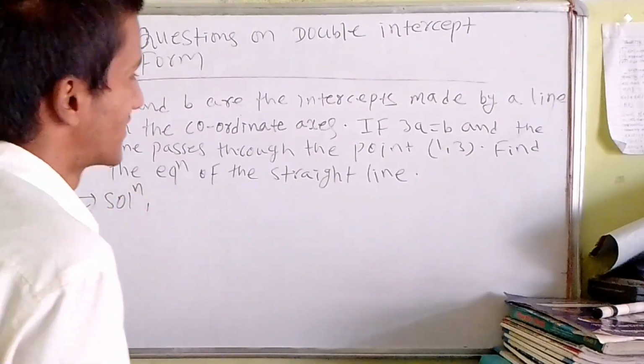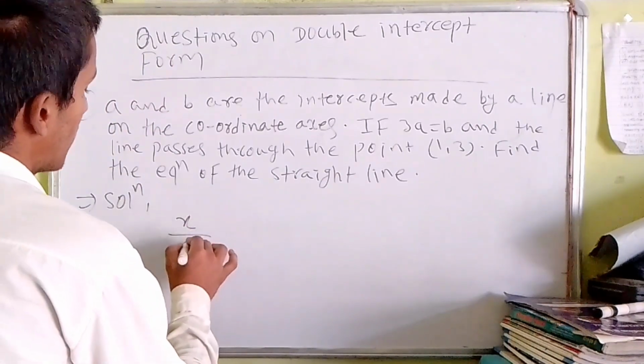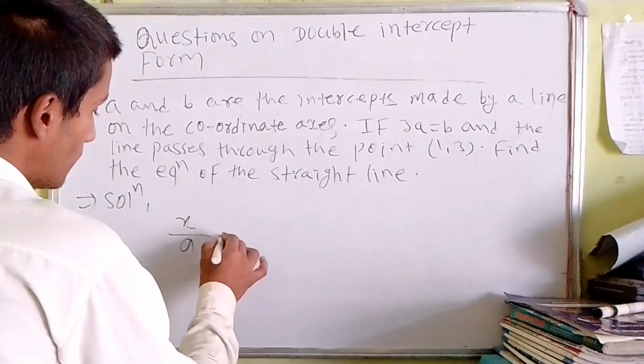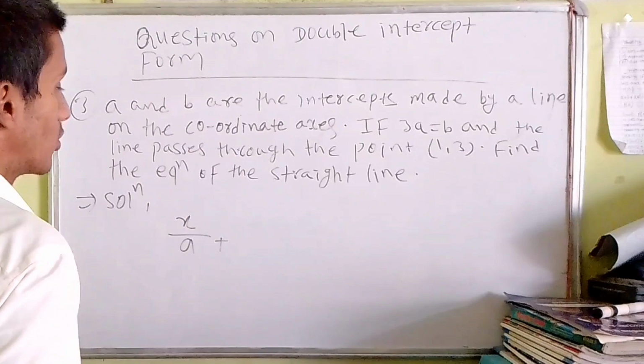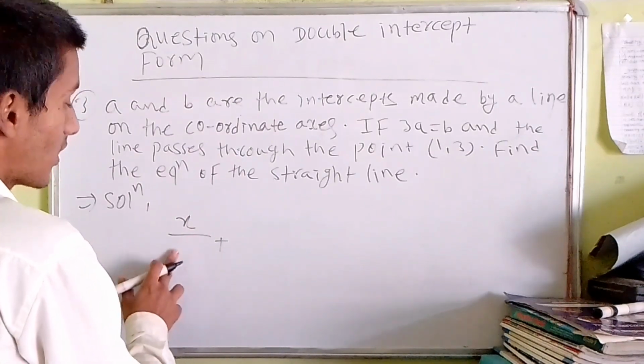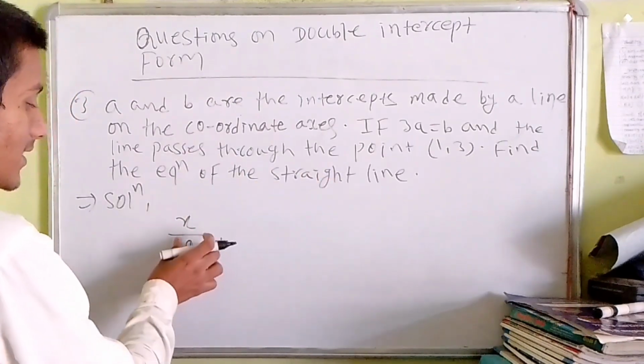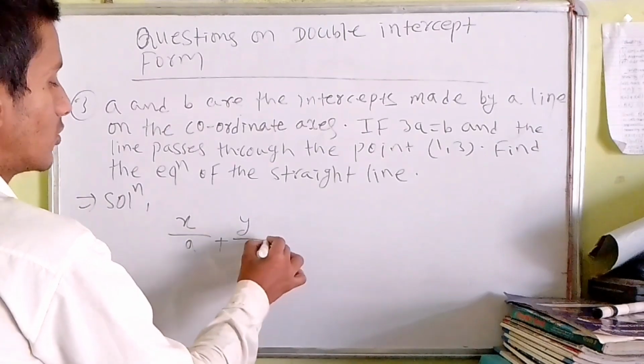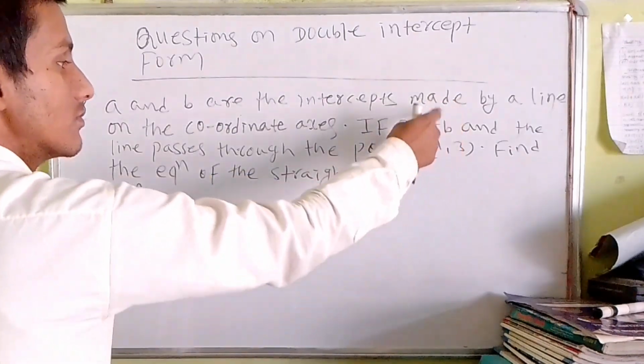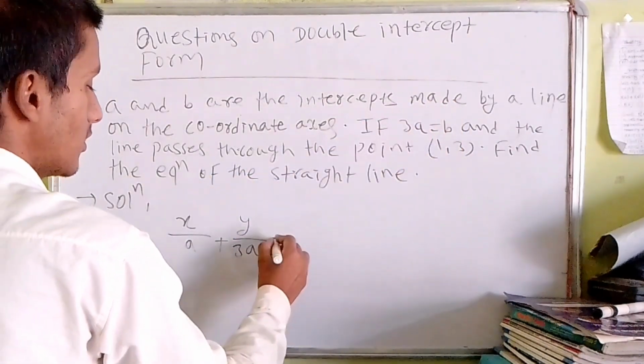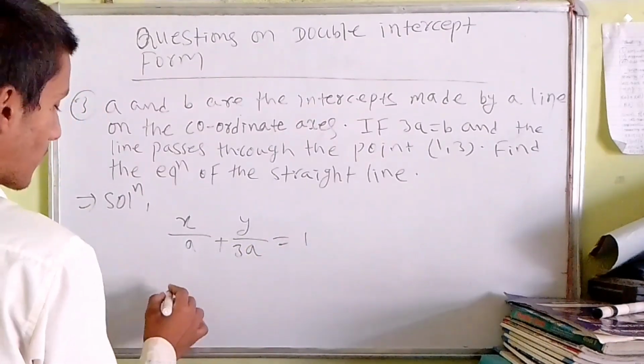The solution part is that x over A, let's write the equation. Here the A we don't know. So it's x over A, the x-intercept, plus y over the y-intercept, which is 3A, equal to 1.